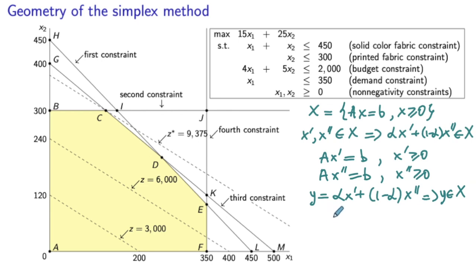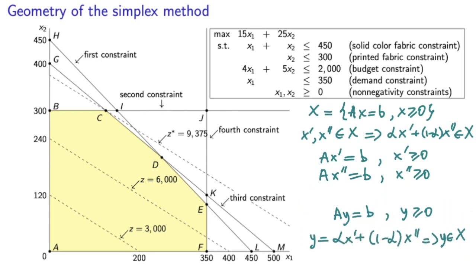Right, but what does it mean? Belonging to X means that y must satisfy these constraints here, meaning that Ay = b and y ≥ 0. So why is it the case?